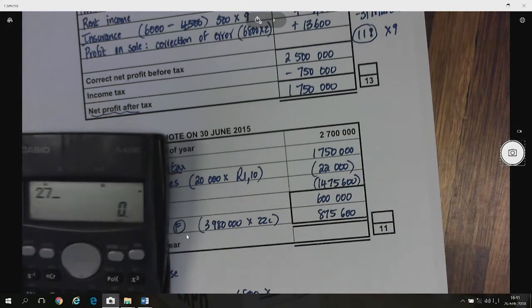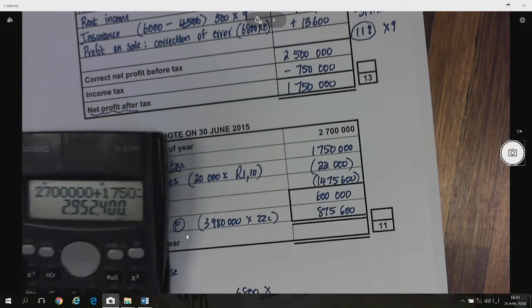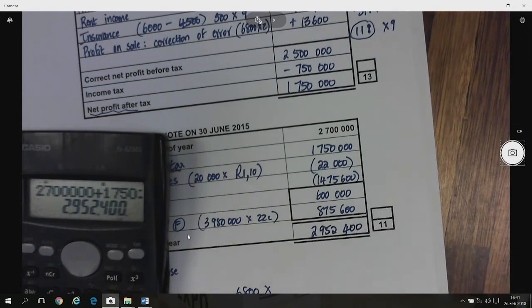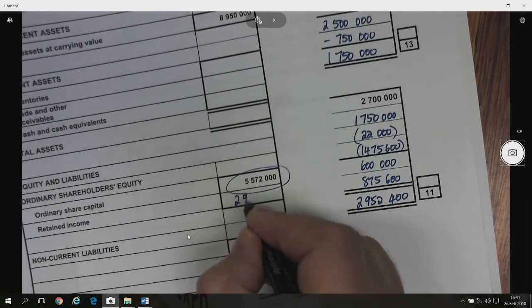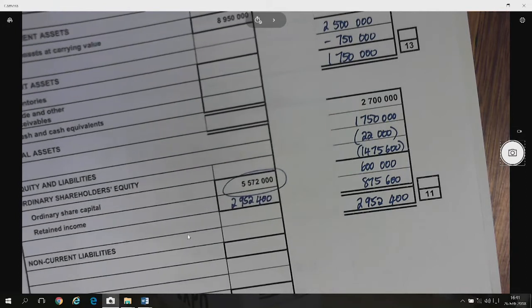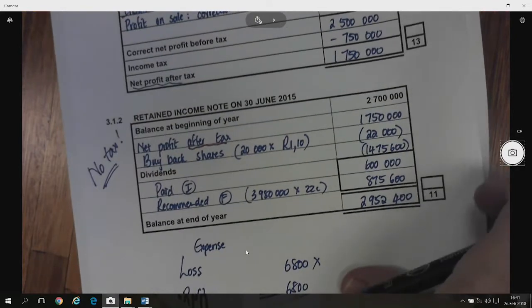So you start at the top, 2,700,000 plus 1,750,000 minus 22,000 minus 1,475,600, and that gives you 2,952,400. And if you must do the balance sheet as well, that goes to the balance sheet. There's the retained income, 2,952,400, and that is your two notes. The two notes, note number 7 and note number 8.